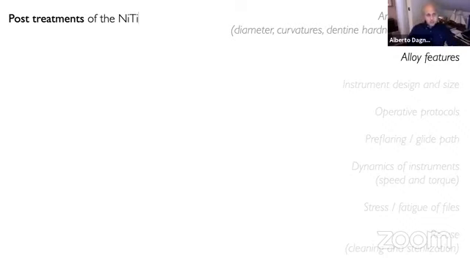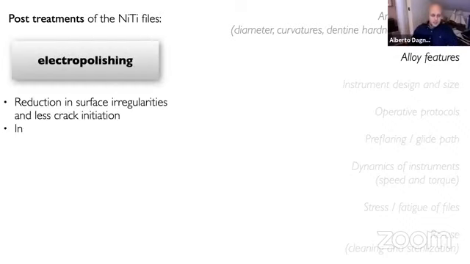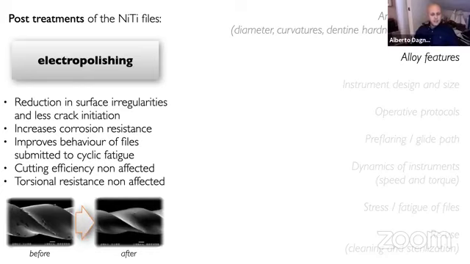So for this reason, in these years, the nickel titanium file has evolved, and the evolution by manufacturers has the aim to make each nickel titanium file more performant. So manufacturers introduced some post-treatment procedures to increase the resistance of the file.